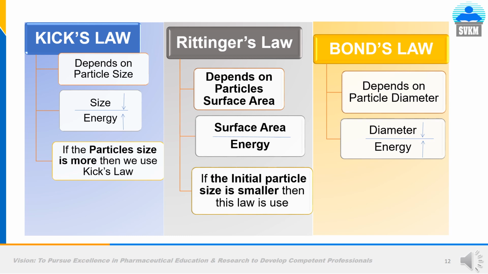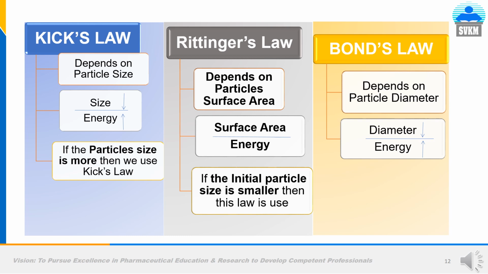Here is the relationship between energy and size. In case of Kick's law, as energy increases, the particle size decreases. In case of Rittinger's law, as energy increases, the surface area also increases. And in case of Bond's law, the relationship is between energy and diameter: if the energy increases, the diameter of particles decreases.